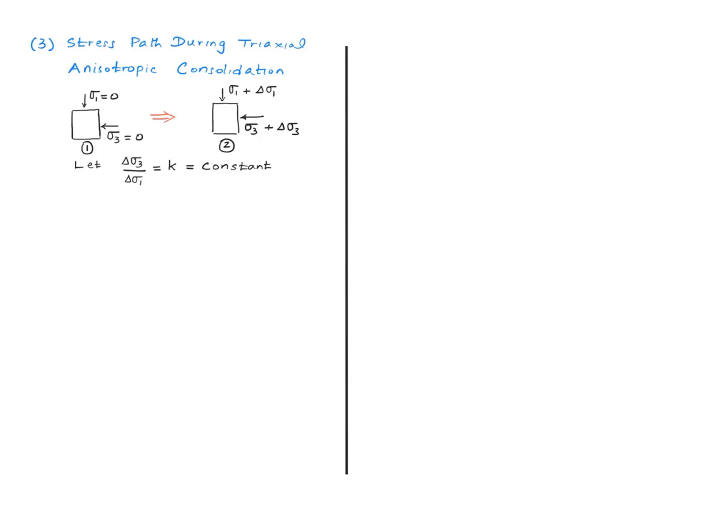So here I'm going to take the second approach that I mentioned in the earlier slide in order to figure out the equation of the stress path, which is to consider the changes in the stresses.